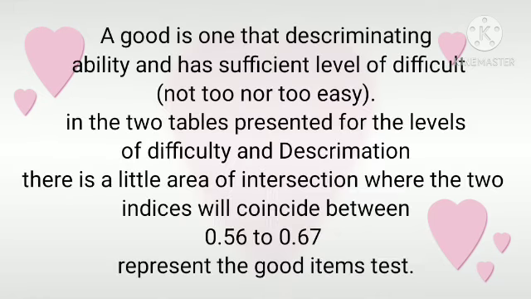So, a good item is one that has good discriminating ability and has a sufficient level of difficulty, not too difficult or not too easy. So, in the two tables presented for the levels of difficulty and discrimination, there is a small area of intersection in which the two indices will indicate between 0.56 to 0.67, which represents a good item and test.